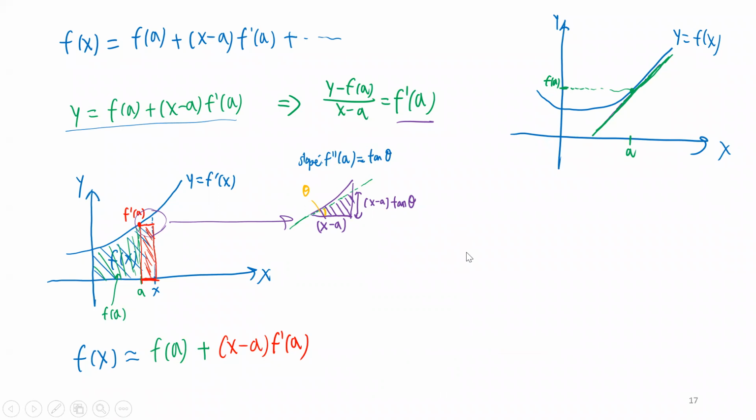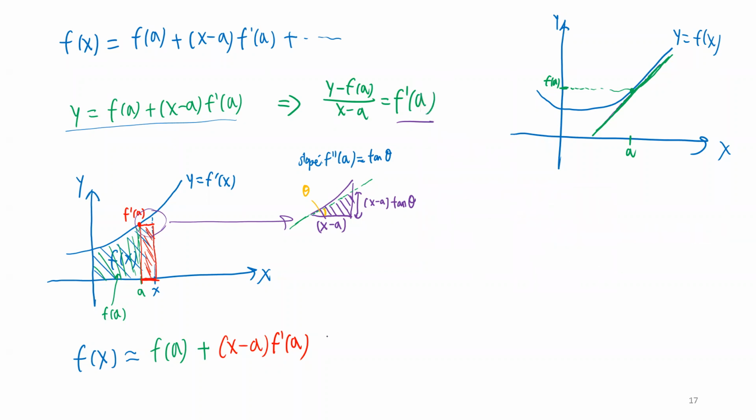Therefore, the area of the triangle is x minus a times x minus a times f double prime a, and then times 1/2 because it's a triangle.